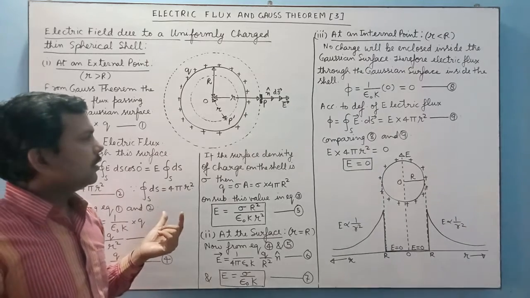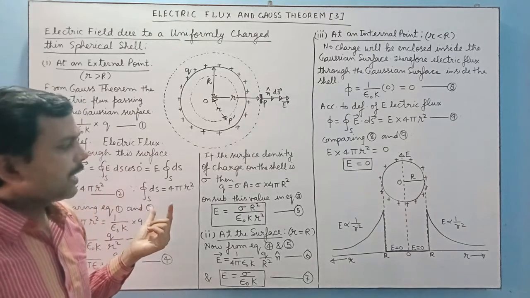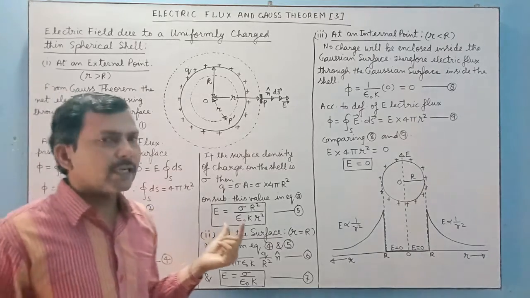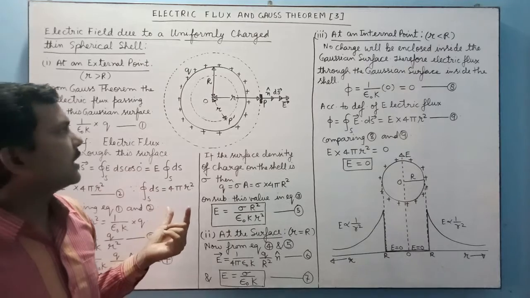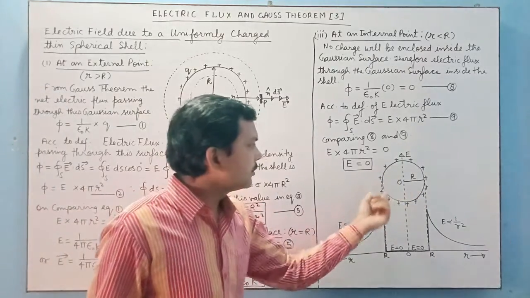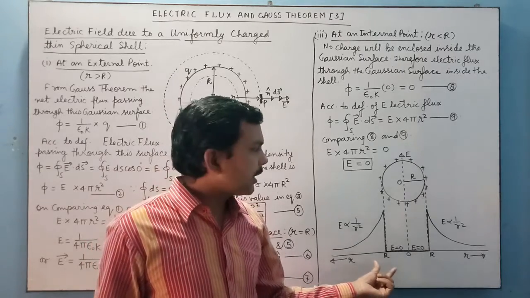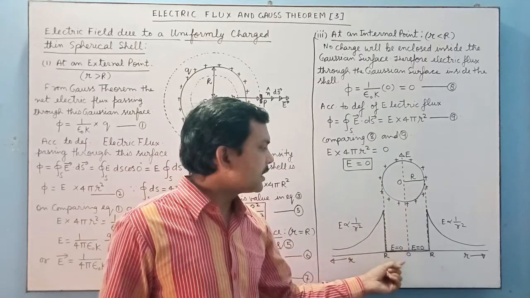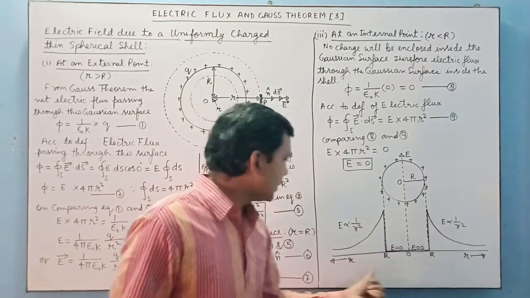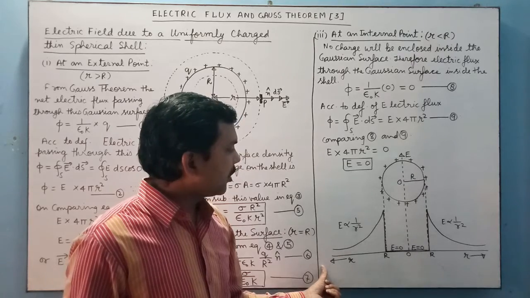As we know that electric field is varying with distance, we can plot a graph for the variation of intensity of electric field with distance. Here is the figure which gives the variation of intensity of electric field with the distance from the center of the spherical shell. This r is the distance. Here on this side also distance is shown.